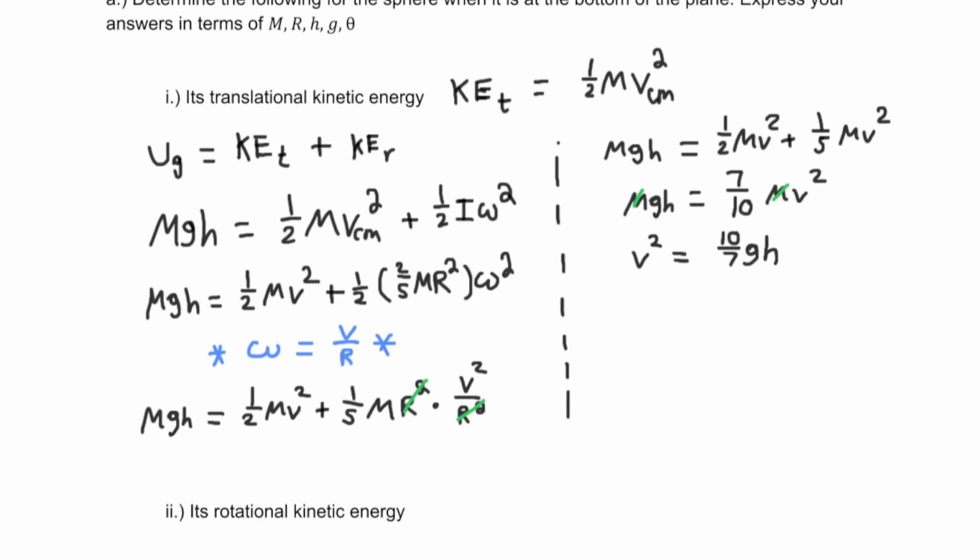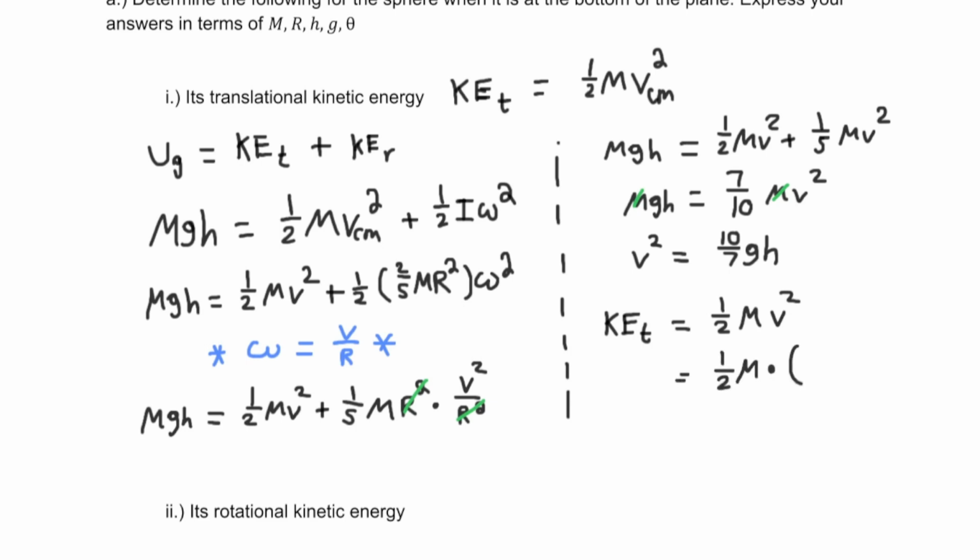So it's definitely not 2gh, which it would be if there's no friction and no rotation. So you could then just solve for v by square rooting both sides and get square root 10/7 gh. But we actually just need the square of v anyway. So we can just write that the kinetic energy of translation is just 1/2 times m times v squared, where this is the center of mass velocity.